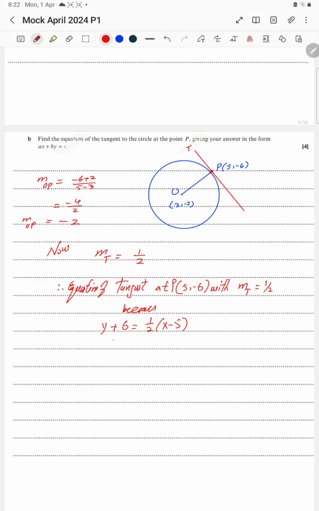It's up to you. Whatever the method you like best, you can proceed. Further simplification will give me 2y plus 12 is equal to x minus 5. So x minus 2y equal to 17 is the final answer. I hope it is clear.